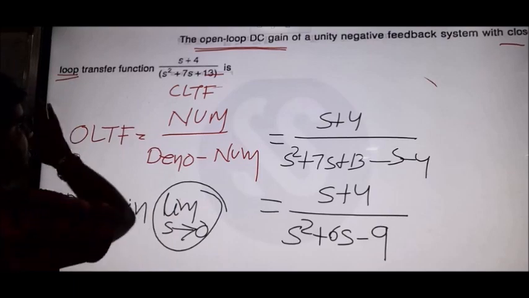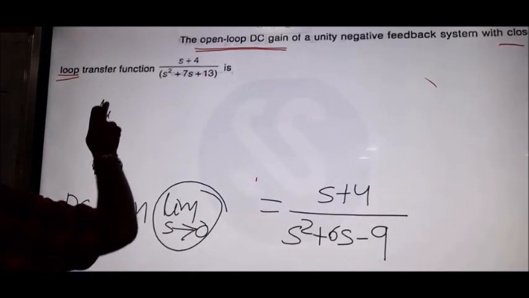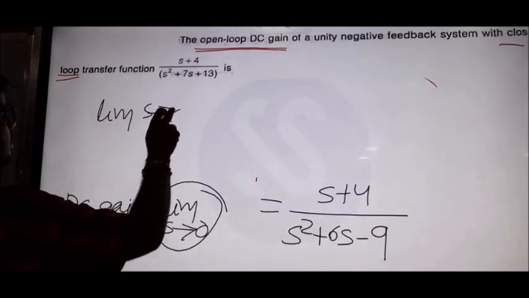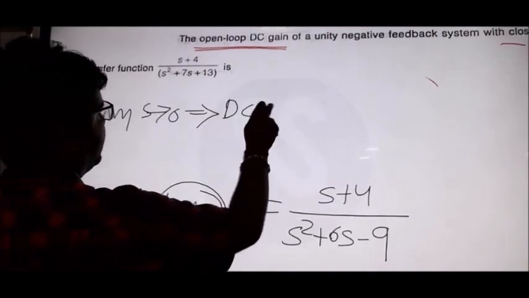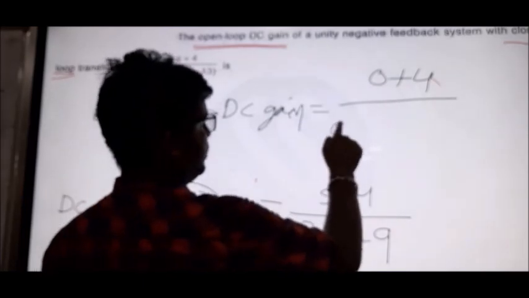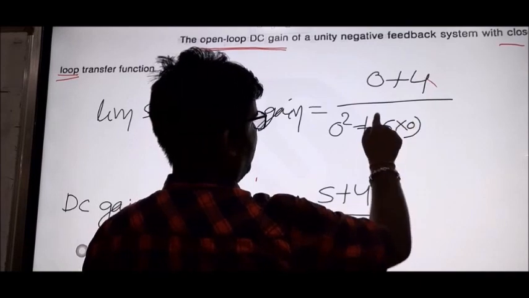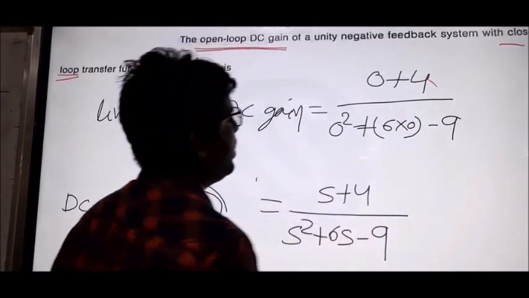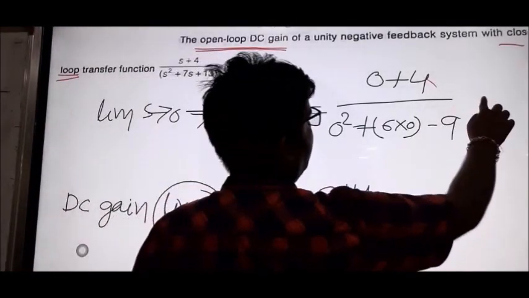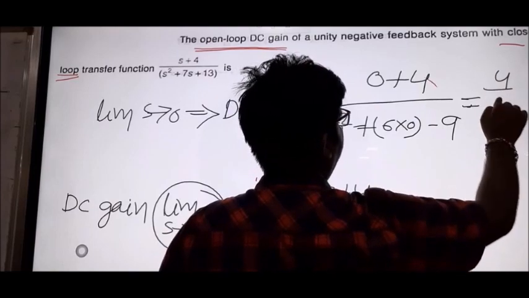So if you put this value, the DC gain is equal to 0 plus 4 divided by 0 squared plus 6 into 0 plus 9, which essentially becomes 4 divided by 9.